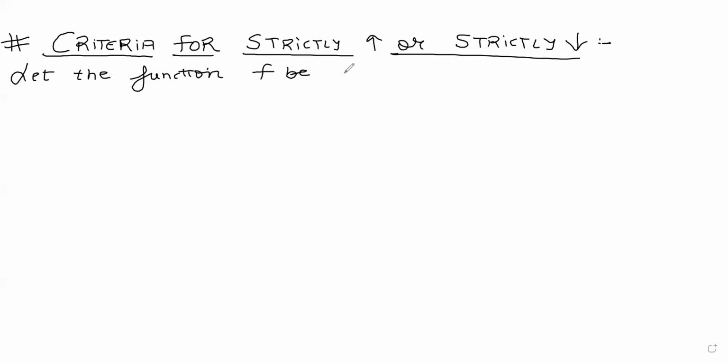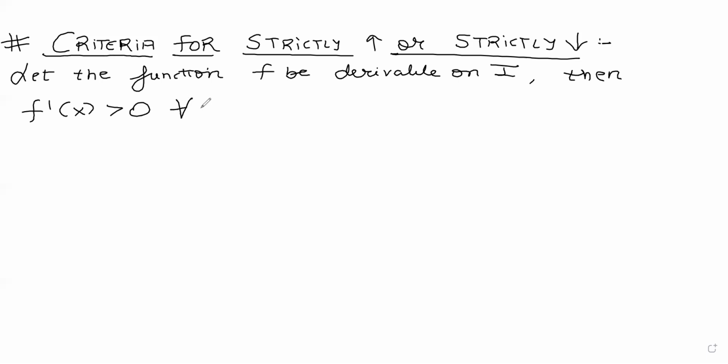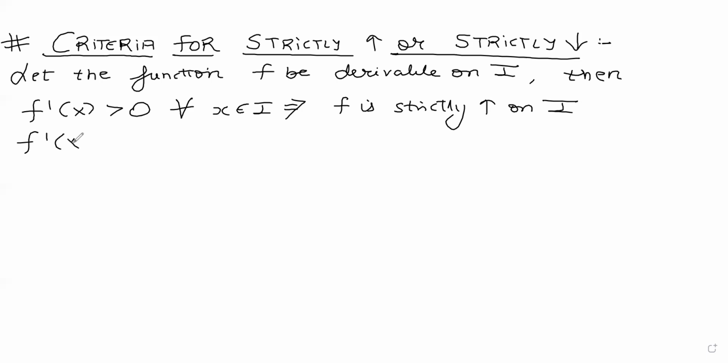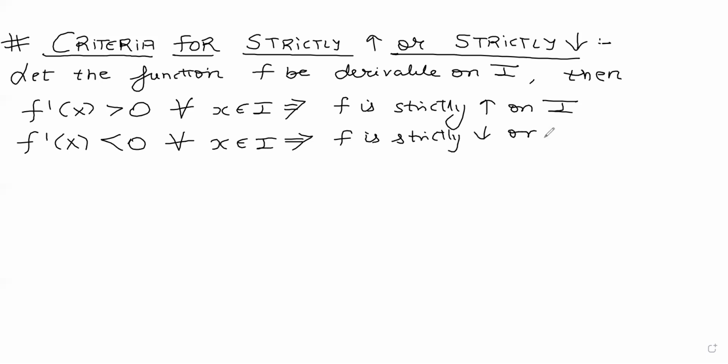Let the function f be derivable on the interval I. Then f dash x strictly greater than 0 for all x belonging to the interval I implies that f is strictly increasing on the interval I, whereas f dash x strictly less than 0 for all x belonging to I implies that f is strictly decreasing on the interval I.